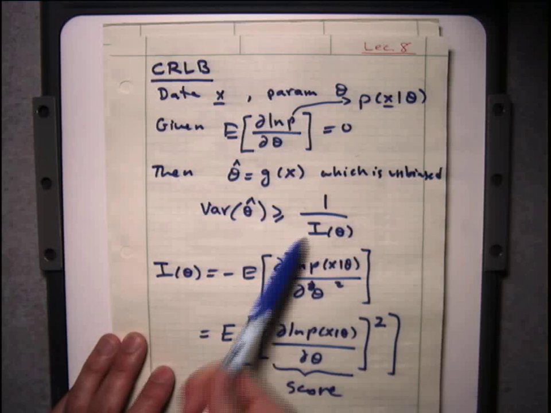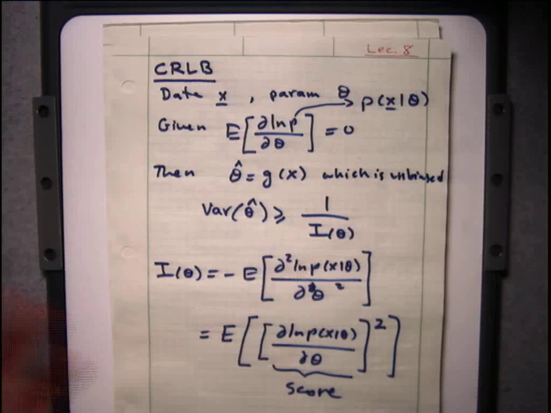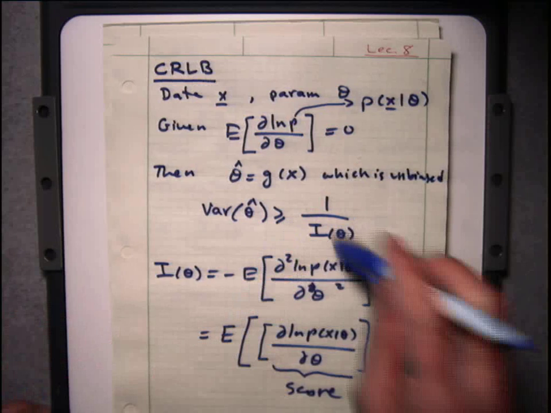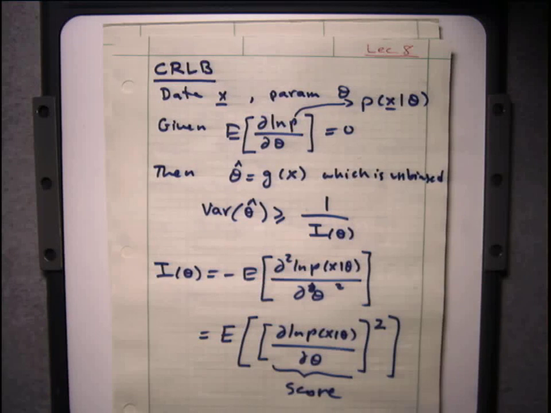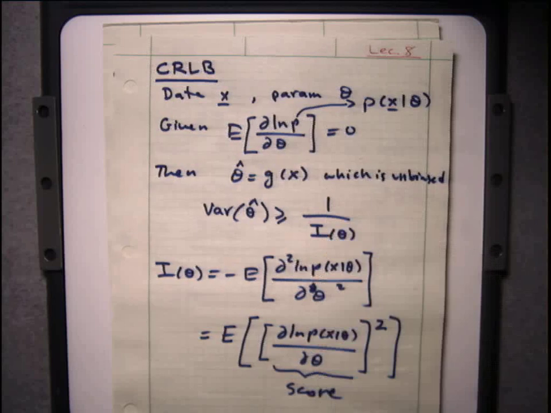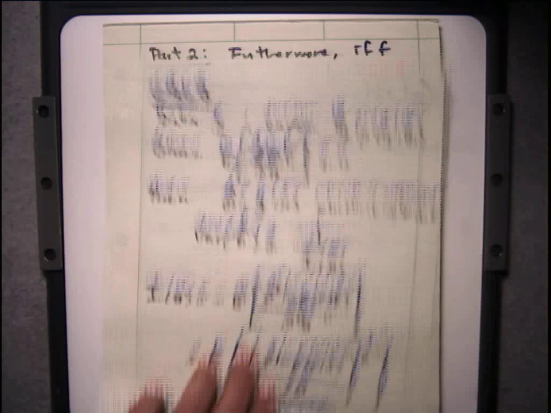But if it achieves the bound for every value of theta, then we call it efficient. As we'll see, there are other related concepts. For instance, it's possible for an estimator to achieve this bound asymptotically, which means if you have an infinite amount of data, you might achieve this bound. That's called asymptotic efficiency. So we'll get to that a little bit later.